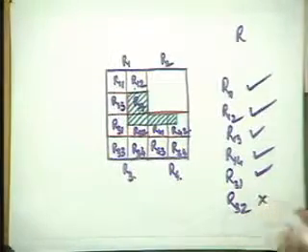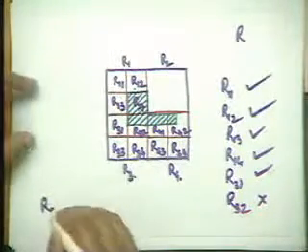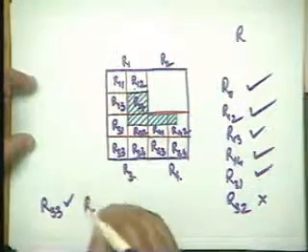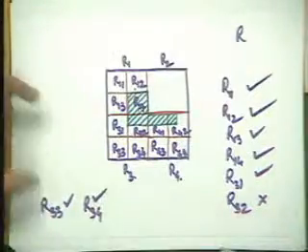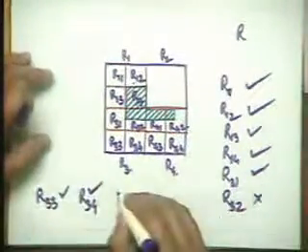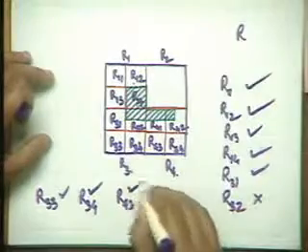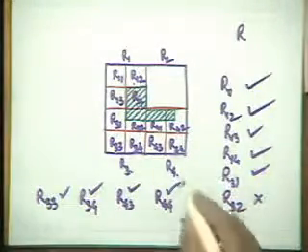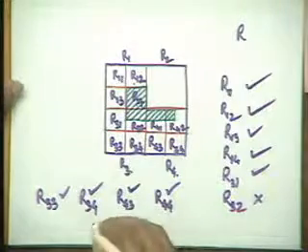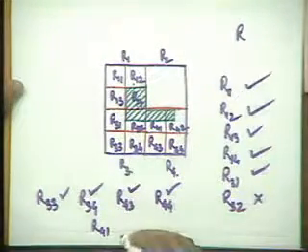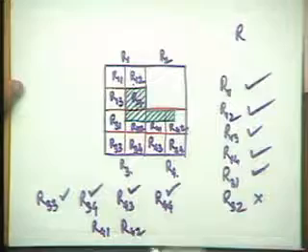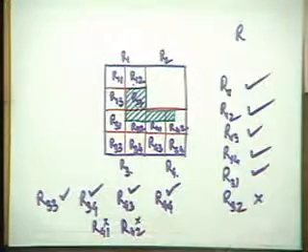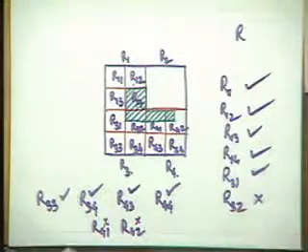R32, no. R33, yes. R34, yes. Again, R43, yes. R44, yes. And only 2 other regions haven't fulfilled, that is R41 and R42. R41 and R42 we must subdivide further.